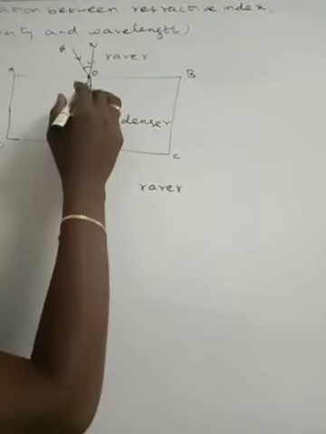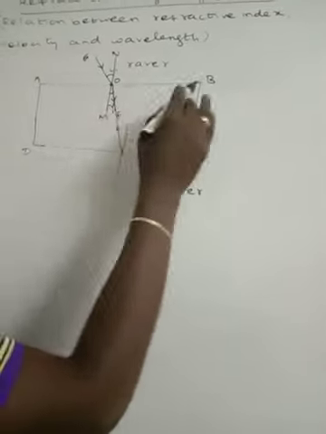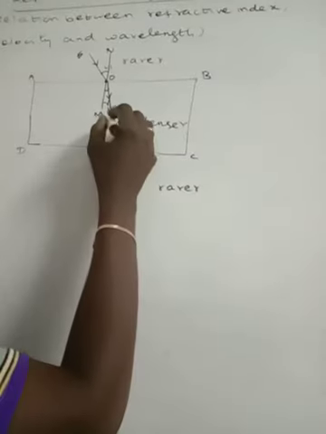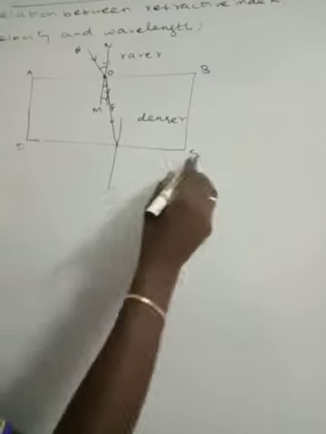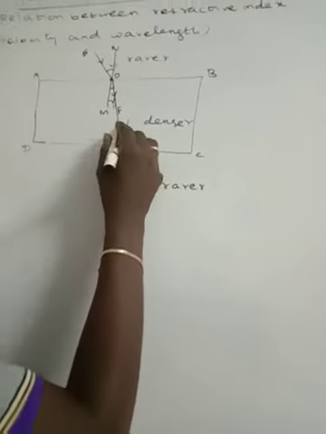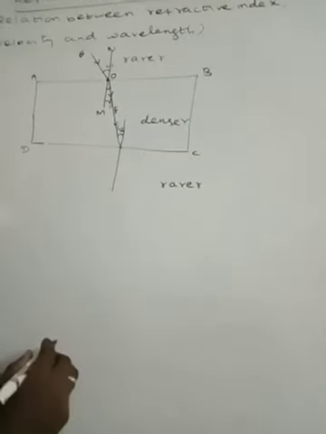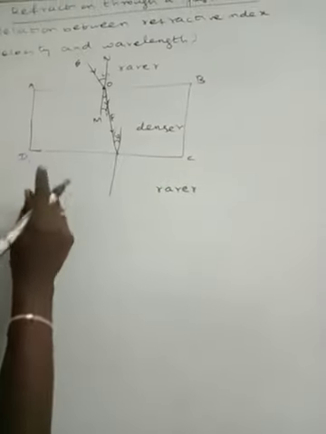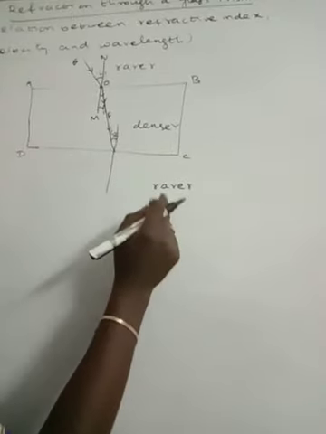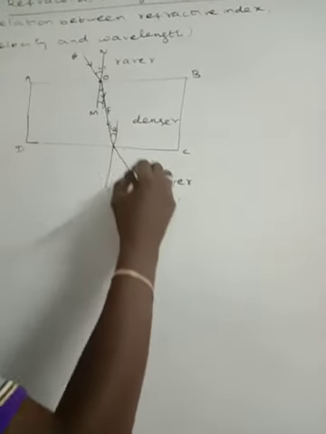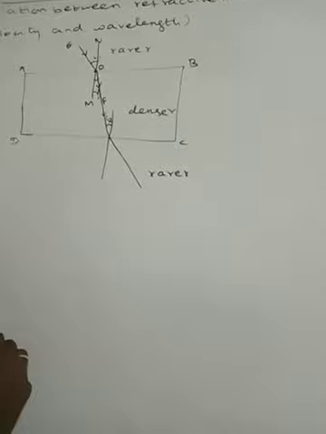OF represents a refracted ray on the surface AB, and it also acts as an incident ray on the surface DC. So this is the incident angle on the second surface. Then what happens? The ray passes from denser to rarer. The rays bend outwards.